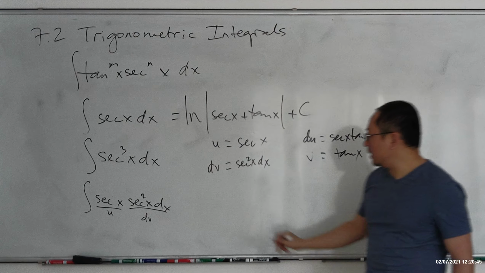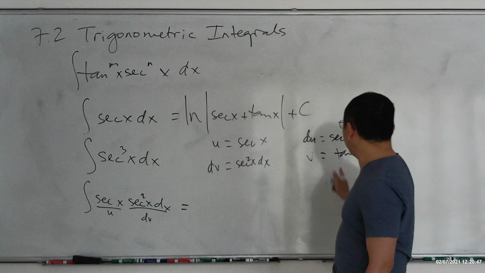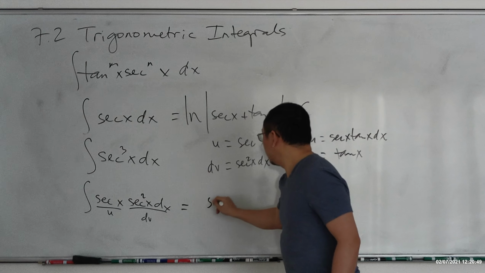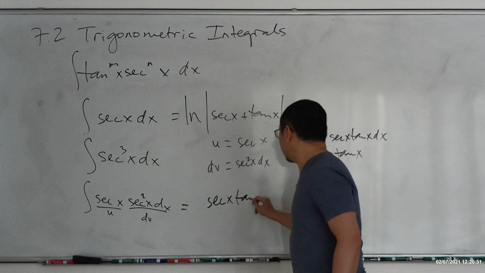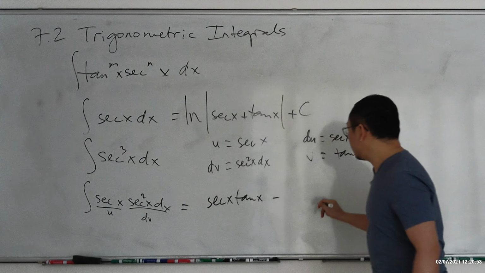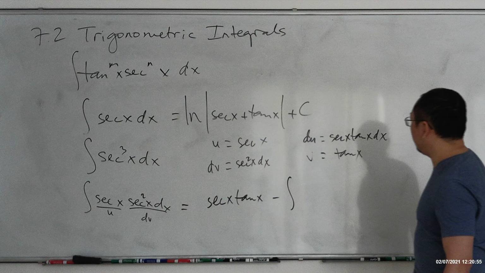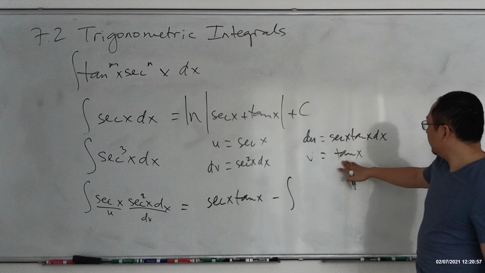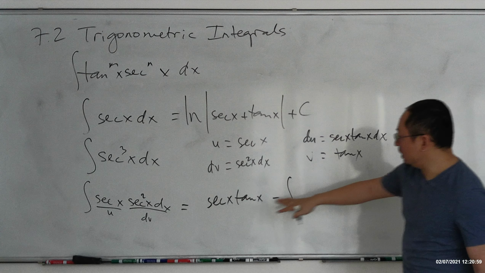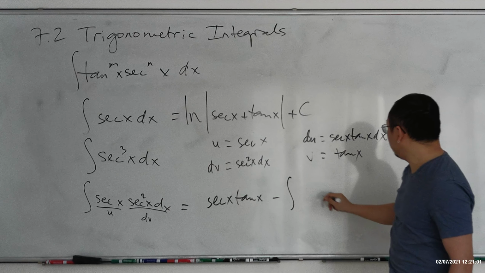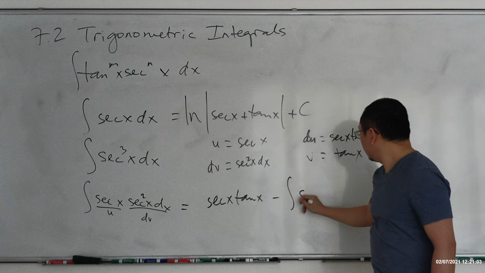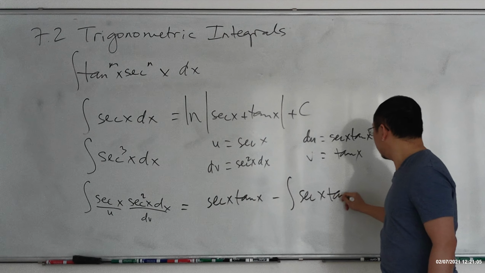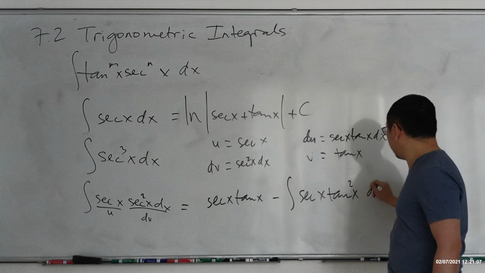Okay, so this is equal to u times v, so secant x tangent x, minus the integral of v du, right? This is u dv, so v du, so secant x tangent x squared dx.